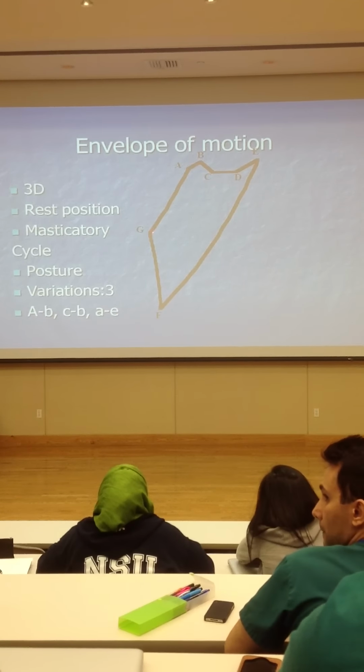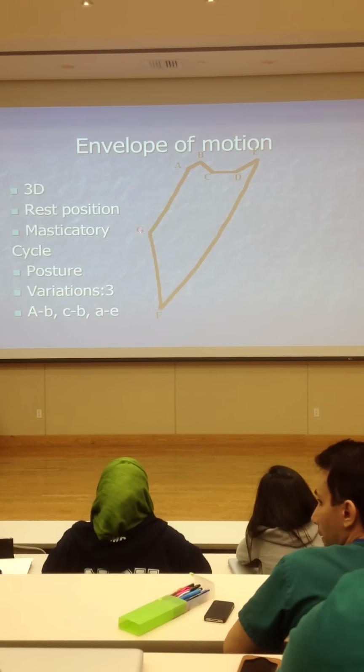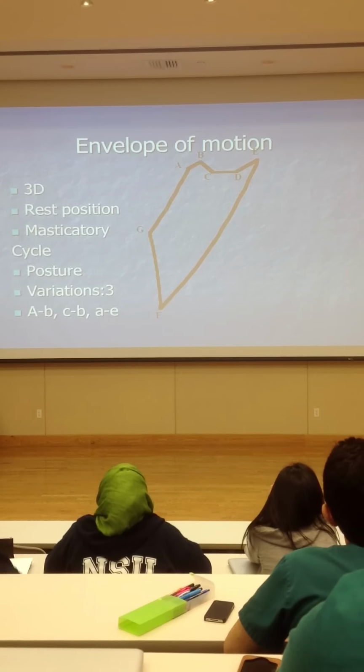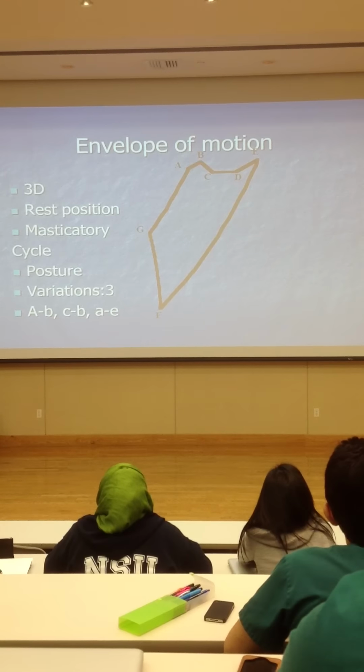So, what happens with the point G to A? What happened to the teeth? They go up and forward. What happened to the TMJ? Is it going up and forward?